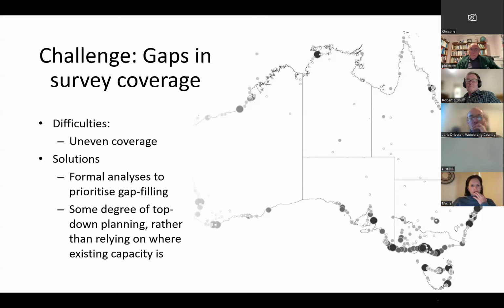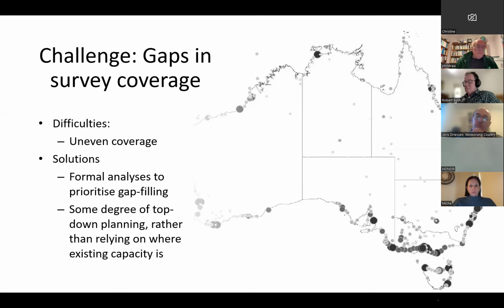Of course, we can all point to places around our flyway where there are really important gaps in survey coverage. It's really difficult to get even coverage of all the important shorebird places that we would like to have in our data sets. And I think the solutions to some of these problems are much more difficult to implement than some of the previous solutions.